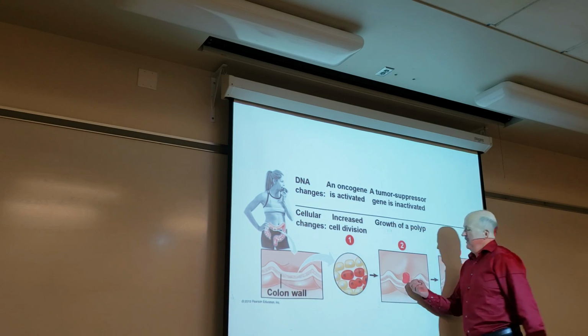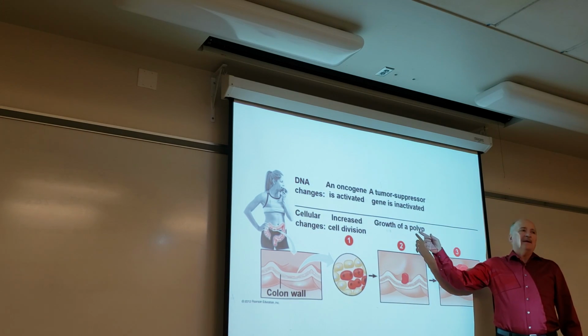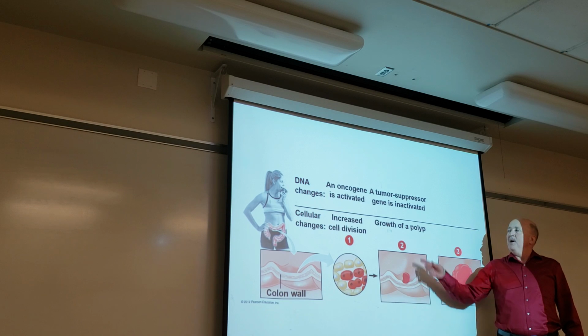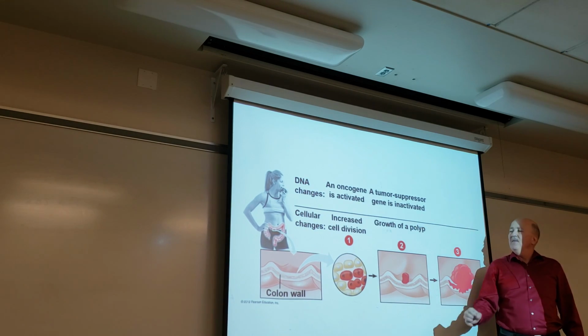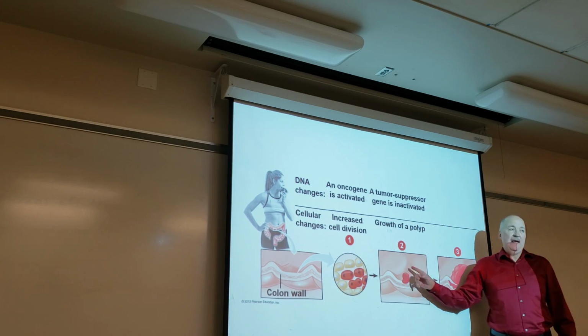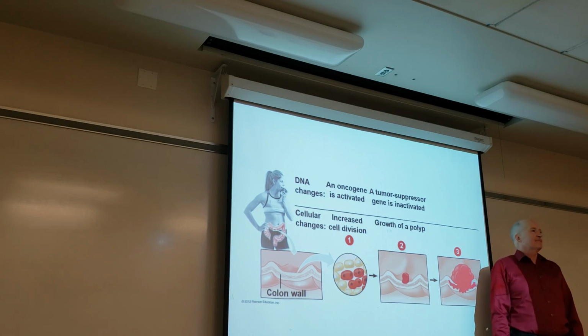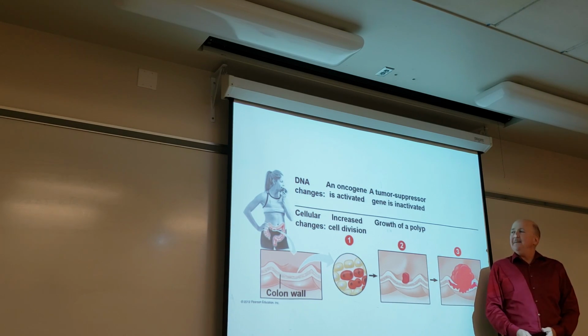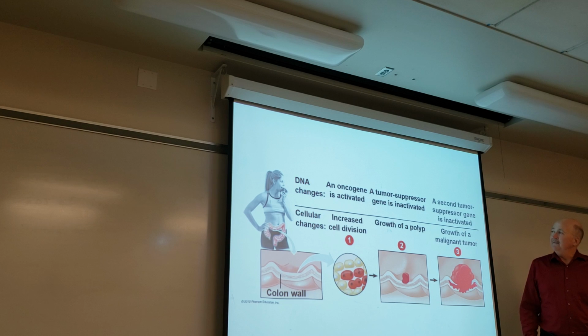And now we get much more growth occurring, and we get something that is macroscopic, a polyp that might be, say, that big, with millions of cells, and they all have both mutations. Within that polyp, if you wait long enough, a third mutation may happen in one of those cells, and now it's exploding into a cancer.